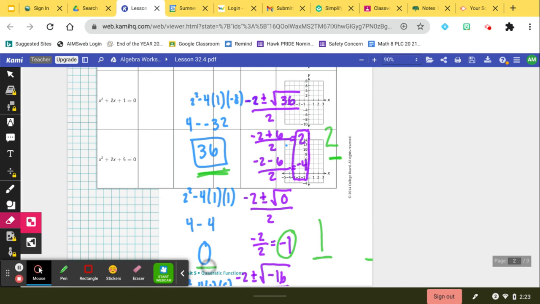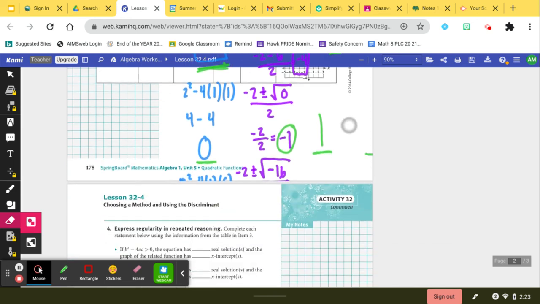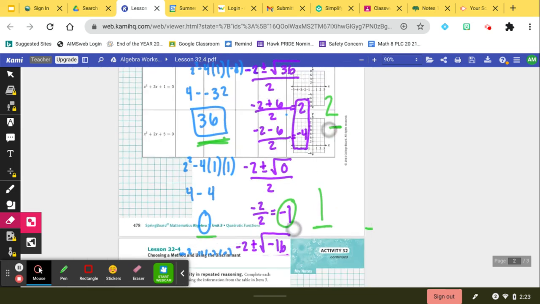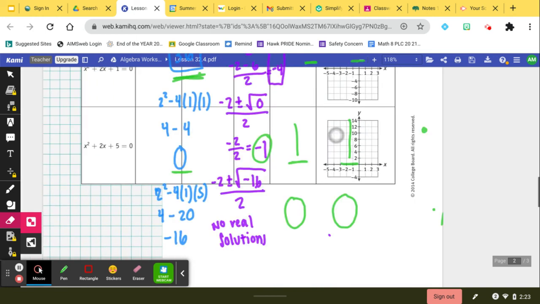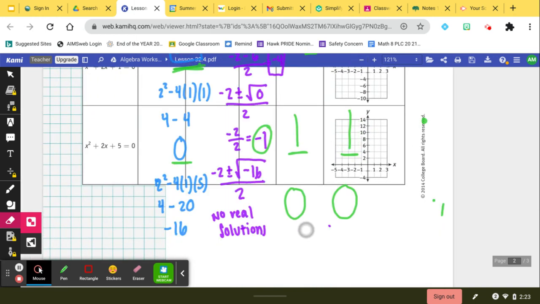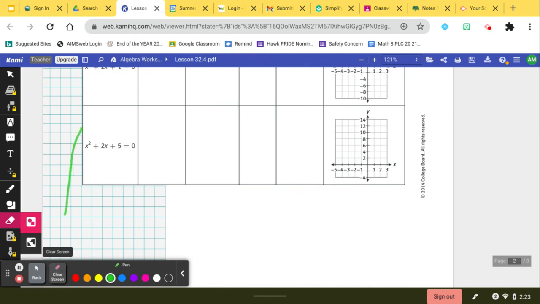We had a discriminant of 0 and 1 real solution. And then our last one, we had a negative discriminant, which meant we had no real solution. So let's generalize those patterns.